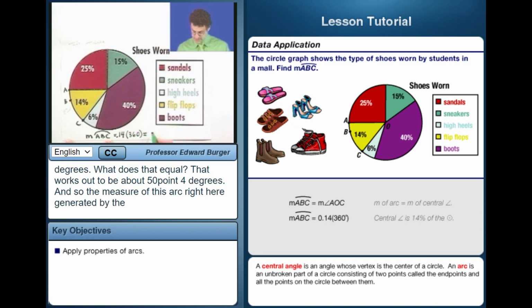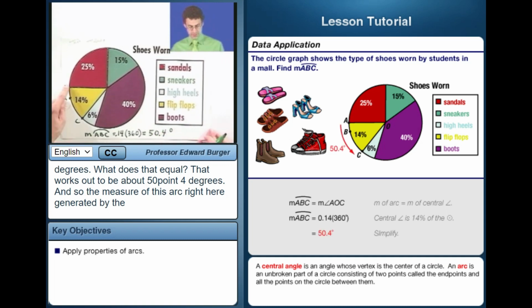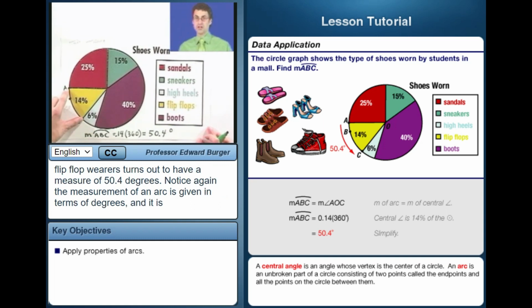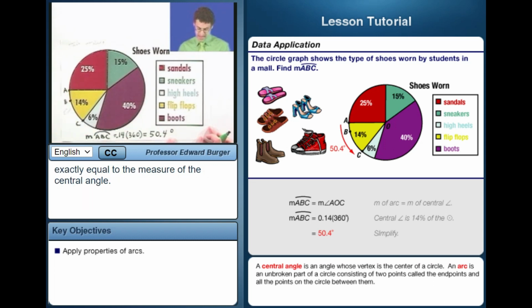What does that equal? That works out to be about 50.4 degrees. So the measure of this arc generated by the flip-flop wearers has a measure of 50.4 degrees. Notice again, the measurement of an arc is given in terms of degrees, and it is exactly equal to the measure of the central angle.